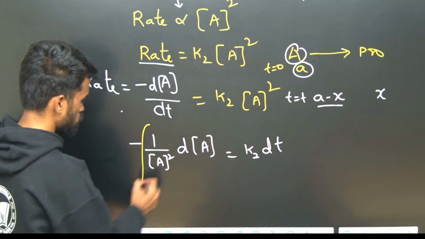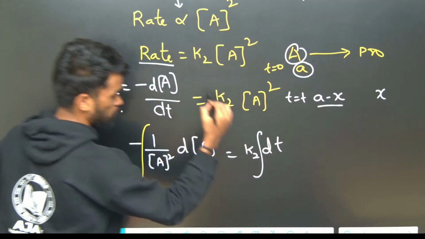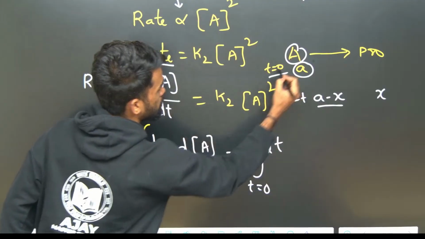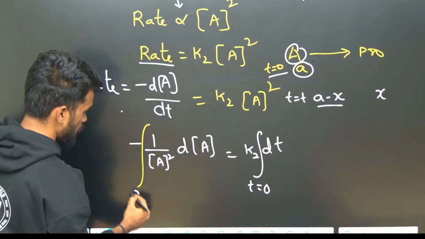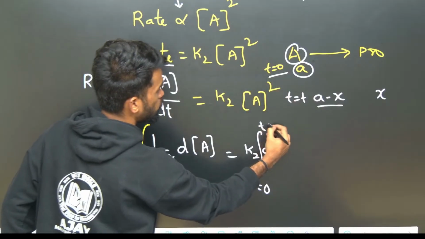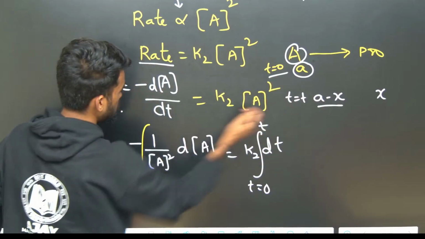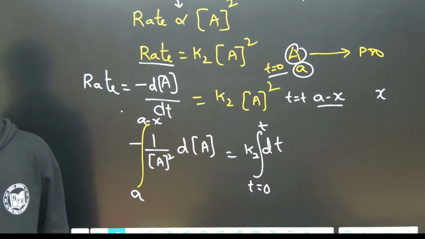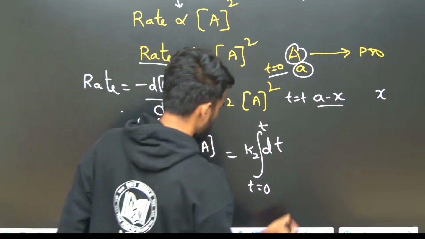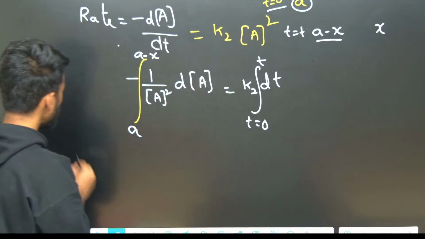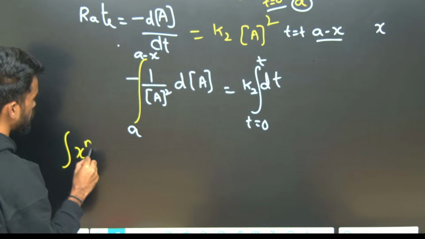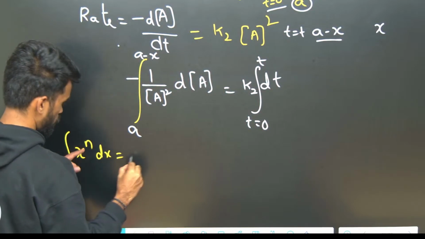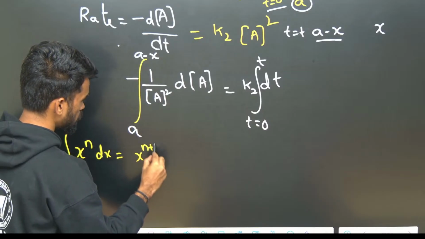Now I am applying integration on both sides. At time 0, initially, what is the reactant concentration? a. After some time t, what is the concentration of reactant? a minus x. So I am applying the limits also here. Now try to integrate this. We know the integration of x power n dx is x power n plus 1 by n plus 1.